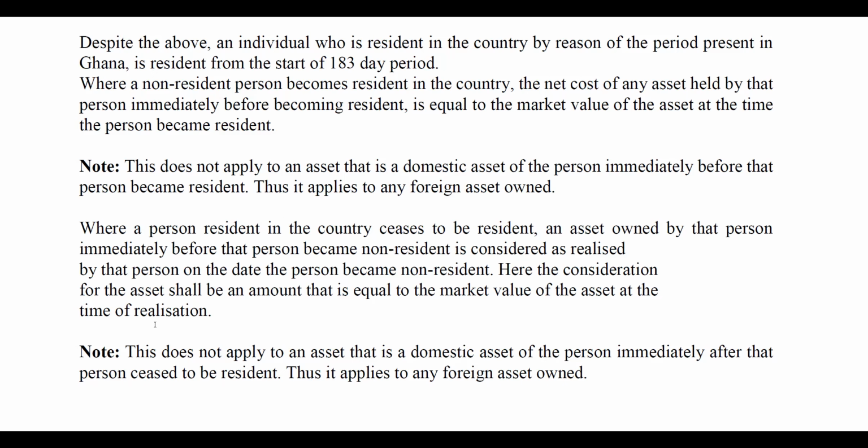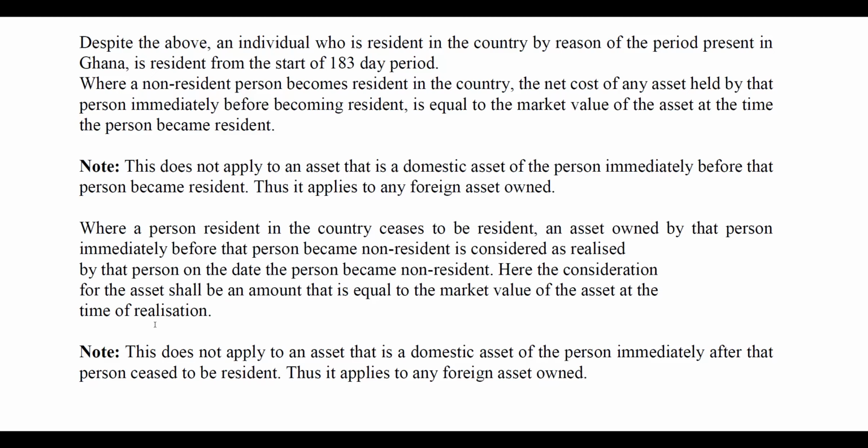So if you bought the asset at 220, and during the period you became non-resident in Ghana, your assets will be revalued at the market value. So you bought it for 220, but as at the time you became non-resident, the asset was worth 300. That means you've made a realization gain of about 80 on the asset, and therefore it is subject to tax.